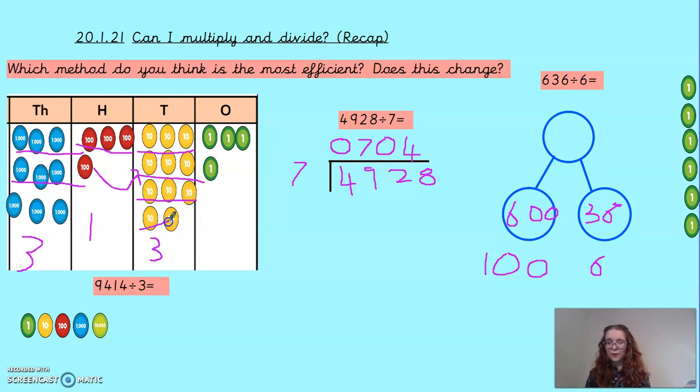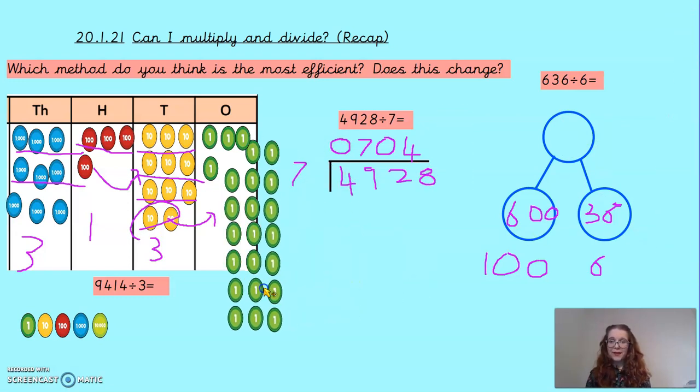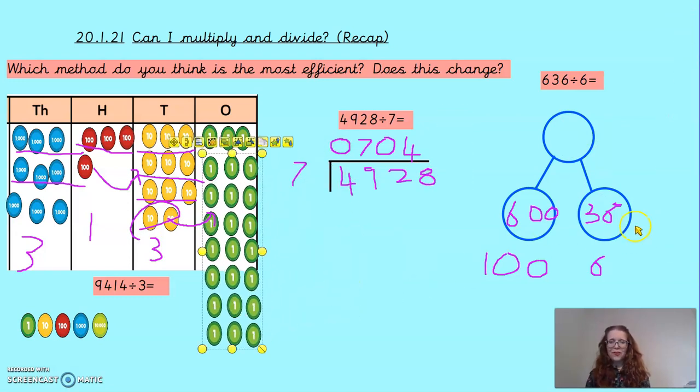And now I'm going to have to exchange 2 of these over to here. And you can see why I wanted to make it already a group of 20. Now I've got so many ones. Can I put them into my groups? 1, 2, 3, 4, 5, 6, 7, 8 groups. There we go.